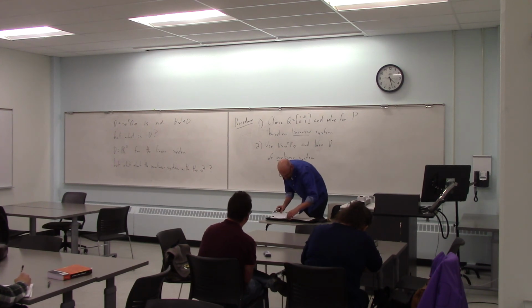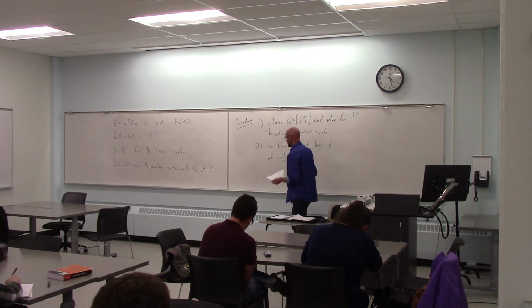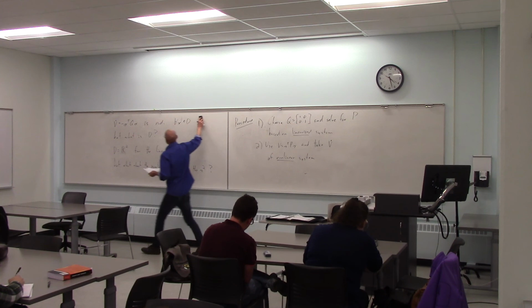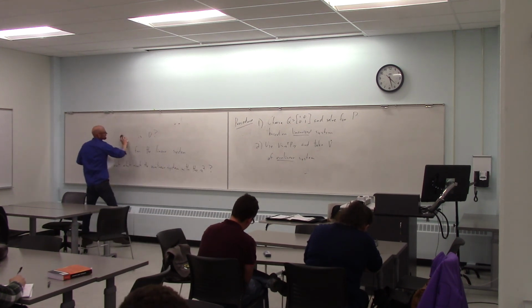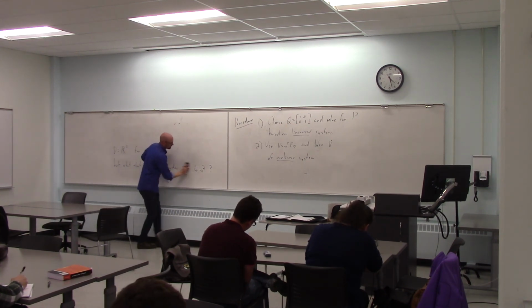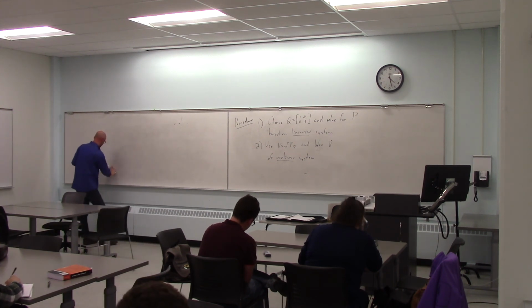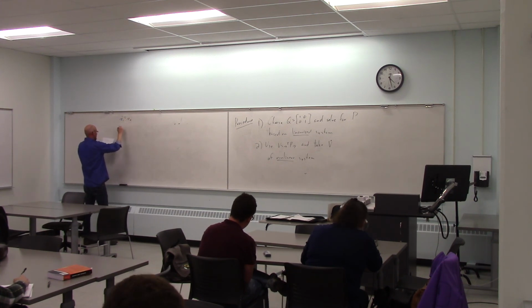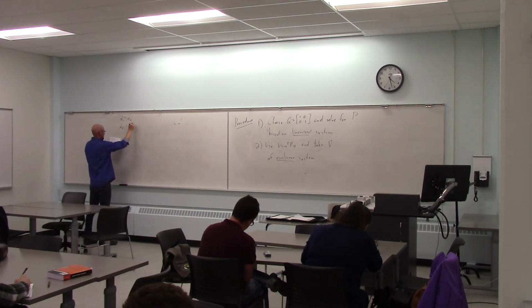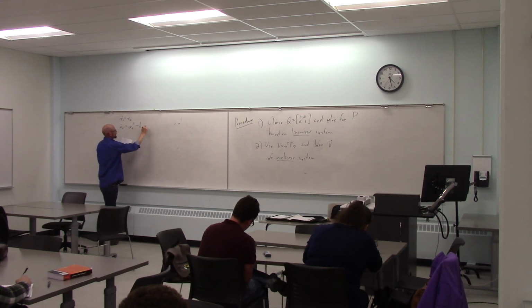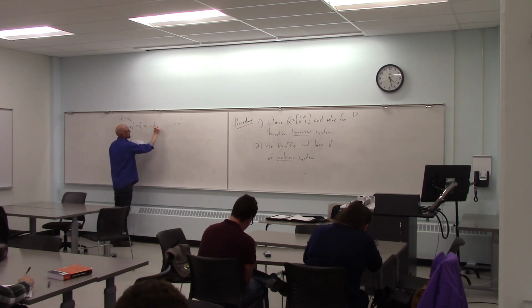So let's see how this will work. So x1 dot equals x2, x2 dot equals x2 squared minus k1 x1 minus k2 x2.